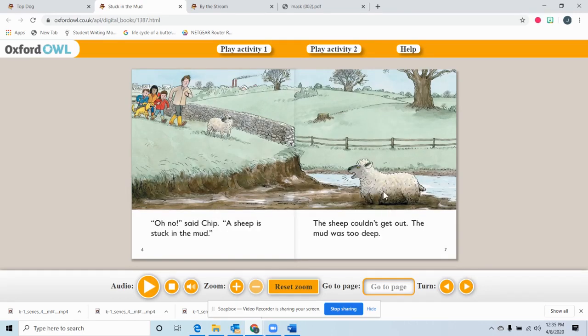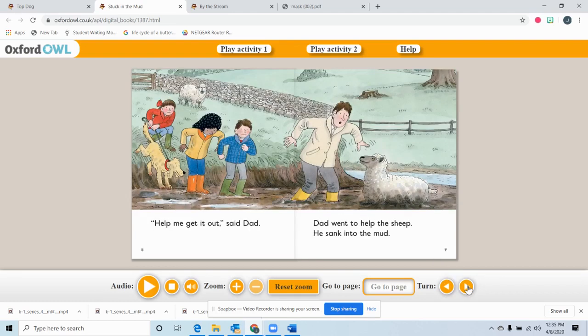Oh, it's the sheep, right? What do you think they're going to do? Did you say they're all running down there? You think they're going to help the sheep get out? What do you think's happening here? Use your information.